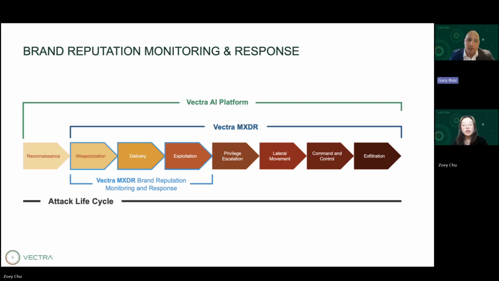And so with brand reputation response, the proactive searching for credentials or typo squatted domains, what we're trying to do is shift this left, so you're able to identify an attack quicker, but in the same sense, you're able to reduce the significance or damage that it may cause the further right this goes. In this case, worst case is exfiltration, right?